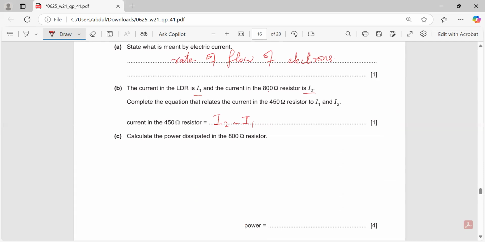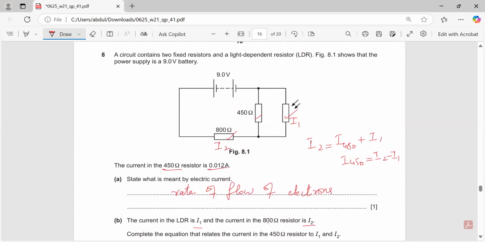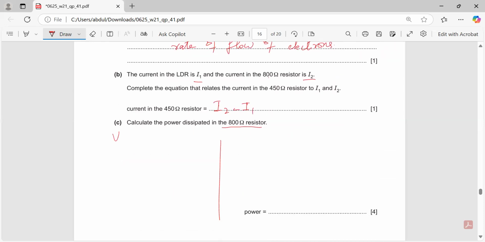Calculate the power dissipated in 800 ohm resistor. First of all, we must know how much voltage is there across 800 ohm resistor. We can calculate the voltage across 450 because resistance and current is given. So 0.012 times 450, 5.4 volts.